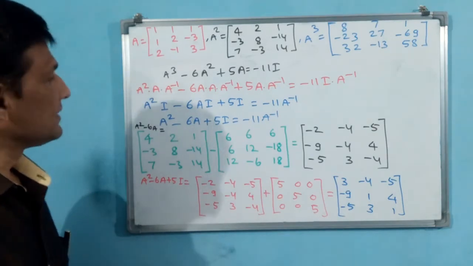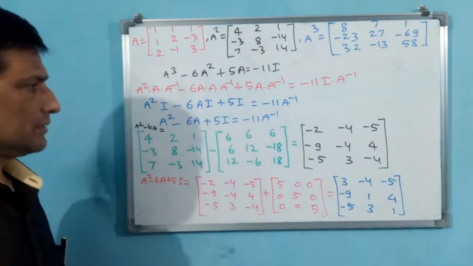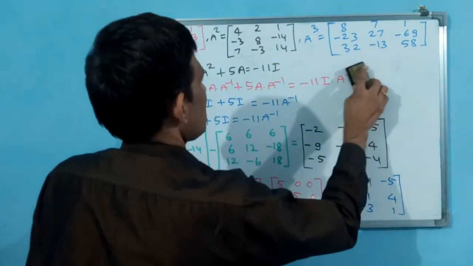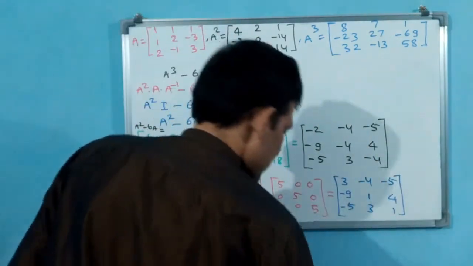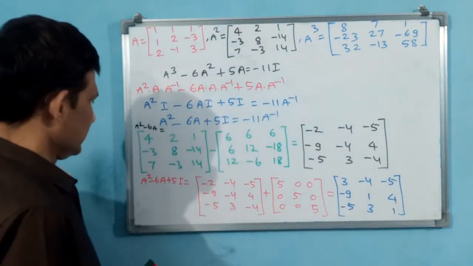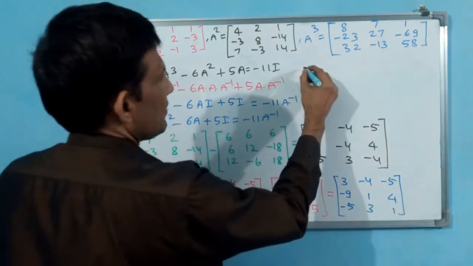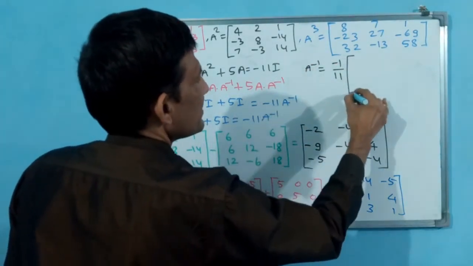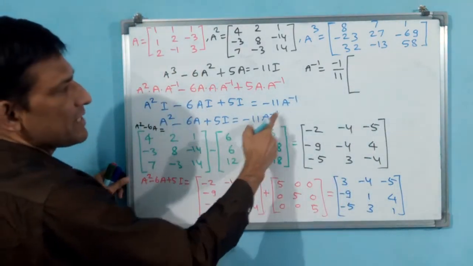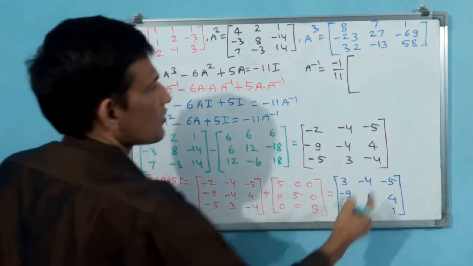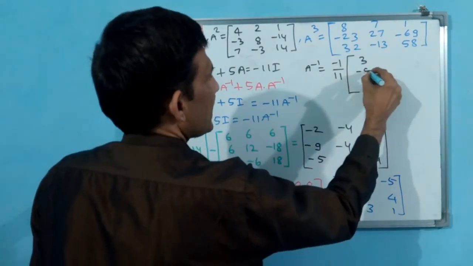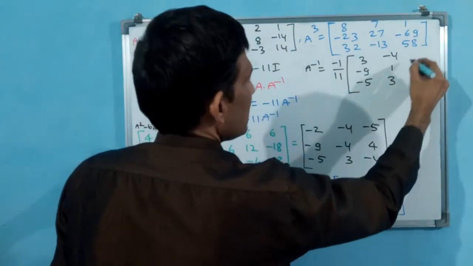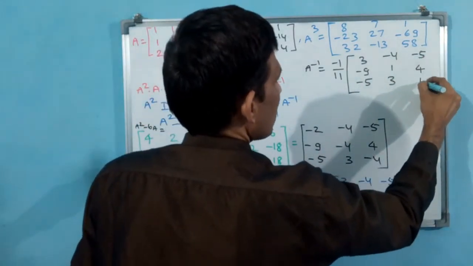But you want A inverse. How to write A inverse? I am writing here, you see. A inverse is equal to minus 1 by 11 into this one you have to write: 3 minus 9 minus 5, minus 4 1 3, minus 5 4 1.